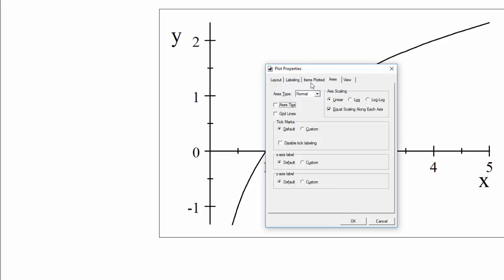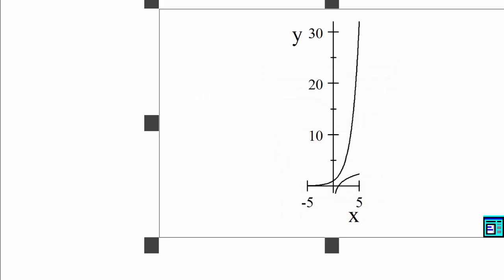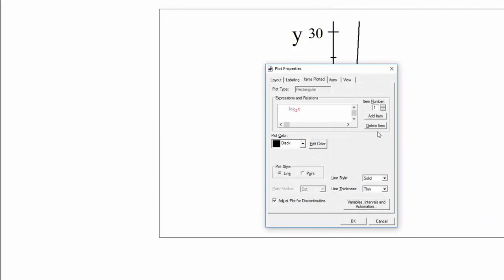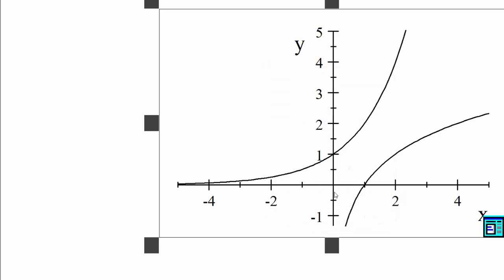If we graph 2 to the x in the same window, then notice they do look like inverses of each other. And actually let me restrict the view of the vertical side to less than that, so you can see these two functions are inverses of each other.